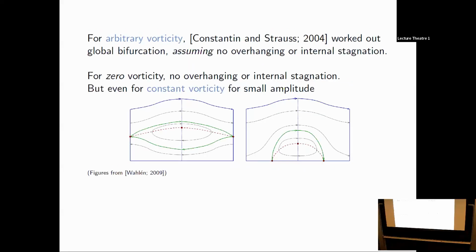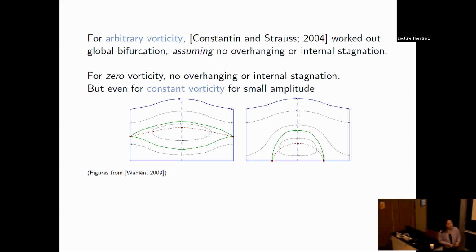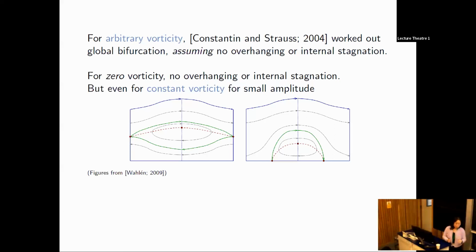Now, but vorticity is important, as we already appreciated from the previous two talks. Vorticity is important even without a free surface in fluid mechanics, and it is true even with a free surface. Now, for arbitrary vorticity, this is now almost a 20 year old result that Constantin and Strauss established the global bifurcation result.